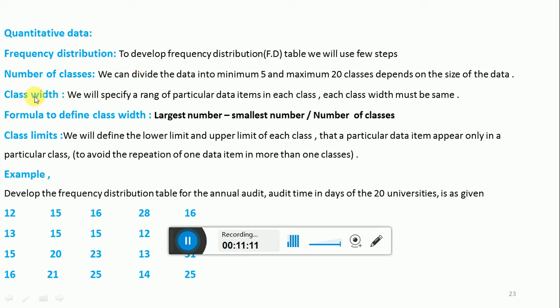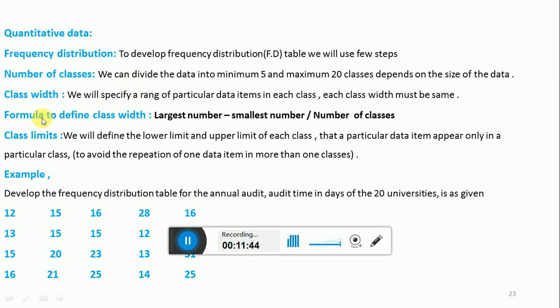The second step, class width. Class width defines the range of data items in a particular class, that is, how many data items a statistician can include in a particular class. How can we define this range?